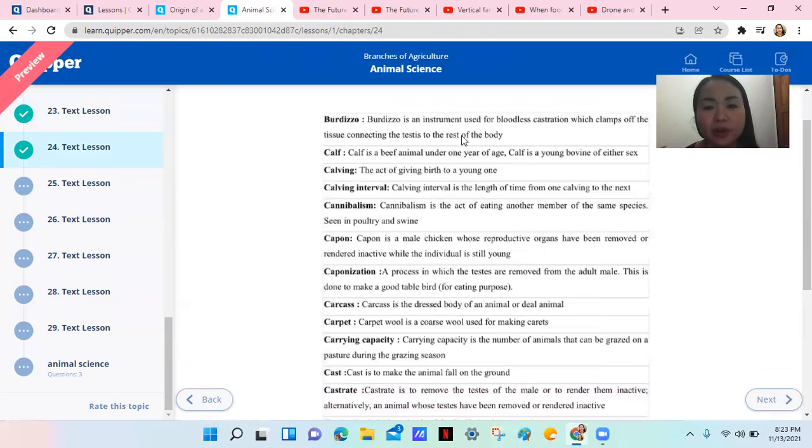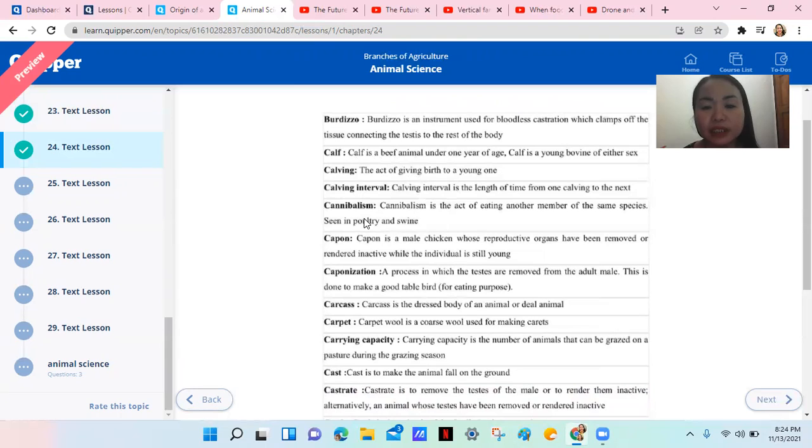We have Burdizzo, an instrument used for bloodless castration, which clamps off the tissue connecting the testes to the rest of the body. Calf is the beef animal under 1 year of age. Calf is a young bovine of either sex, and calving is the act of giving birth to a young one. Calving interval is the length of time from one calving to the next.